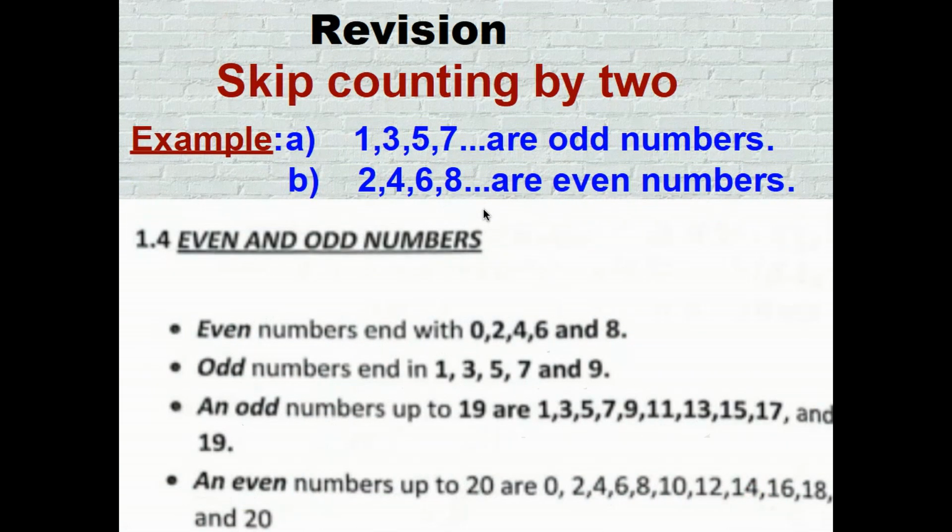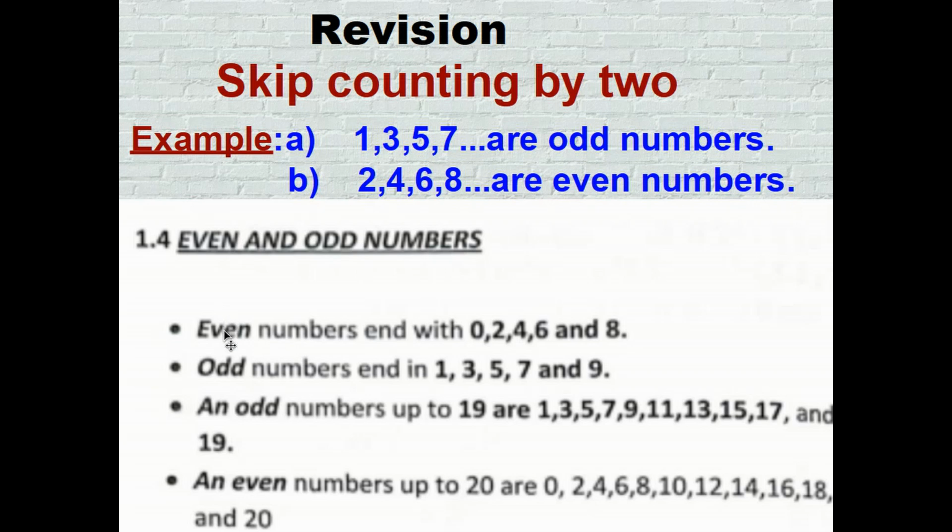Now, let's revise what we have discussed last time. We have seen what skip counting means, by 2, by 3, by 5, by 10, and so on. And also we have discussed what are even and odd numbers. When we say evens, they are numbers that end with these digits, 0, 2, 4, 6, and 8, or numbers that can be divisible by 2.